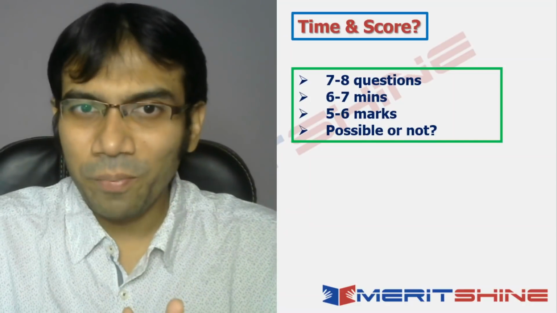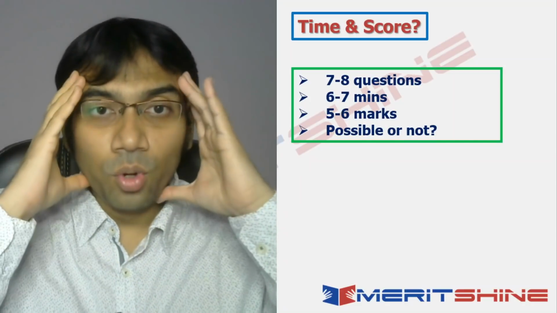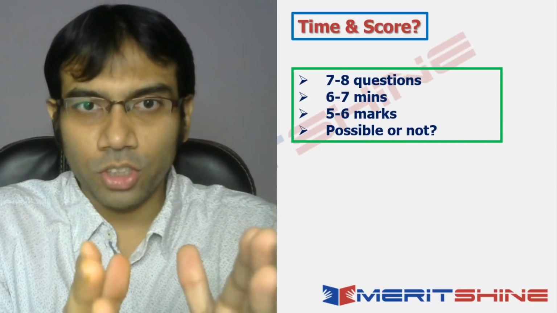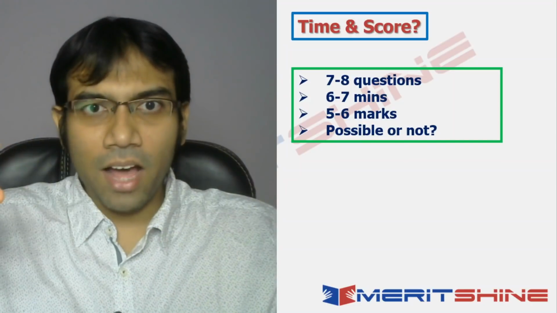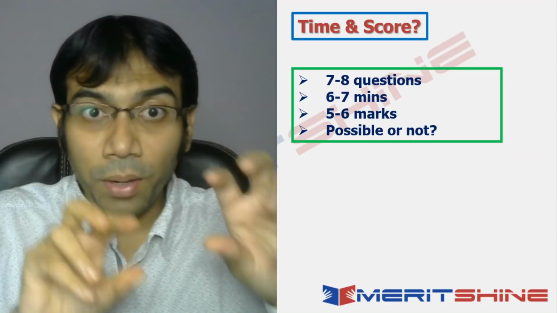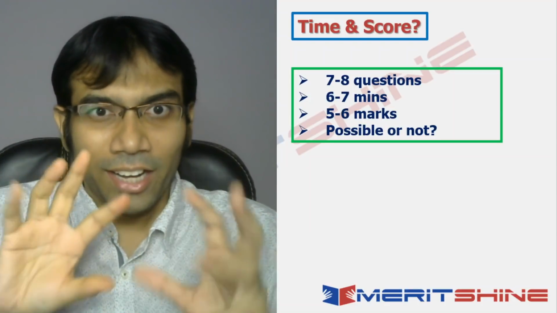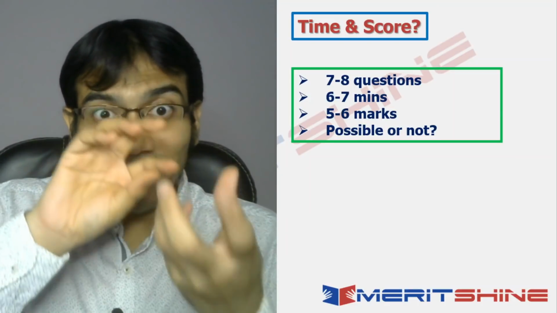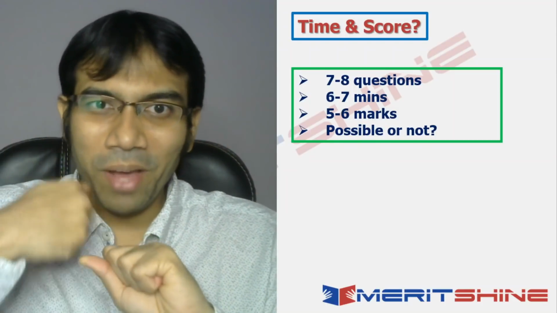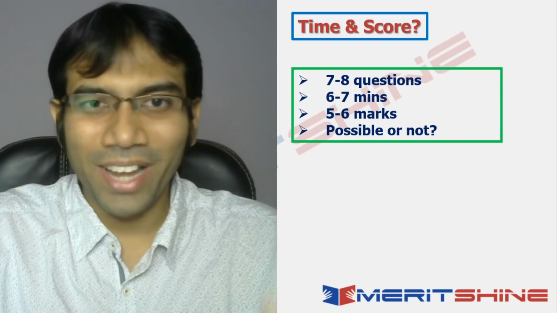So it's possible. But yes, you will have to have a clear thought process. Read the paragraph, identify the facts, premise and conclusion. It's like a mini mind map. And then based on that mini mind map, you answer the question, whatever has been asked to you.